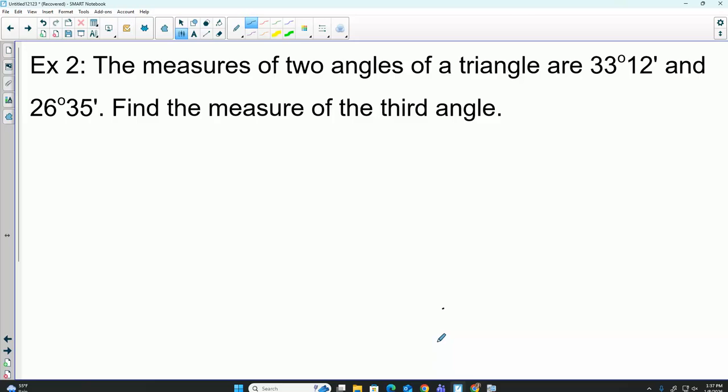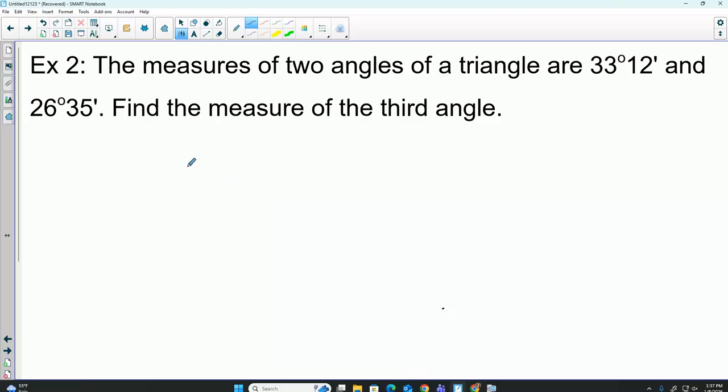So the measures of two angles in a triangle are 33 degrees, 12 minutes, and 26 degrees, 35 minutes. Find the third angle. So how do we do that?